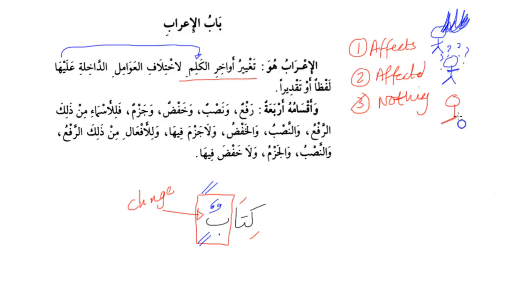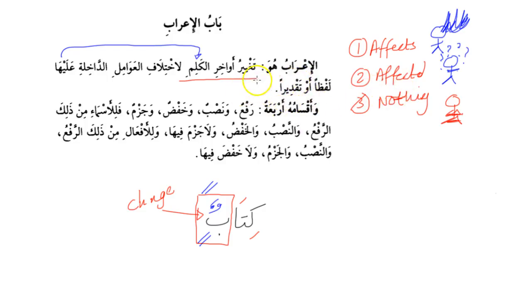They just sit down, cross-armed, cross-legged, and nothing happens to them. So when you're studying Arabic language, what you have to remember is that words can be affected. Sometimes there are words that are affected, and sometimes some words are actually not affected. So this is what today's lesson is all about.